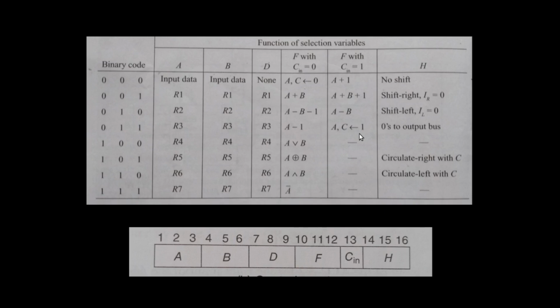For that purpose, we can use the logic OR operation. What we have to do is use the same register on both sides. Then what will be the output? If we are performing A OR A, what will be the output? That will be A itself. So that can be used here.